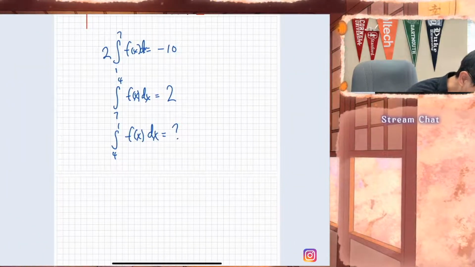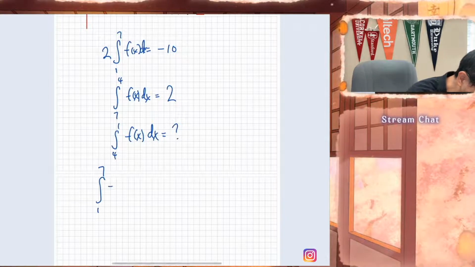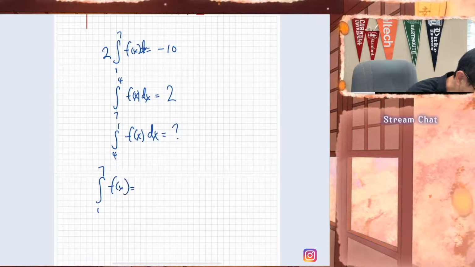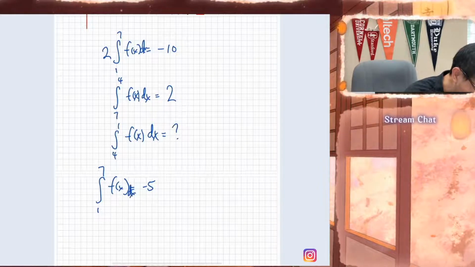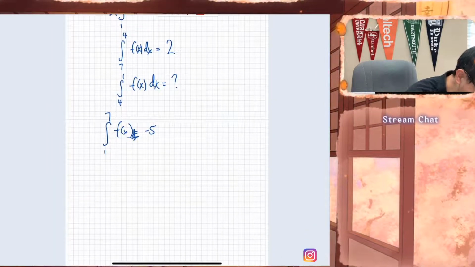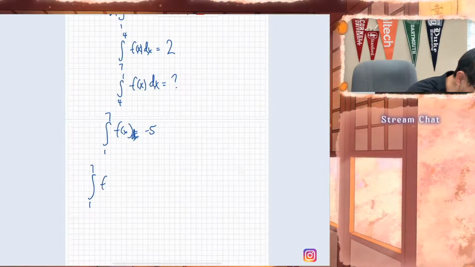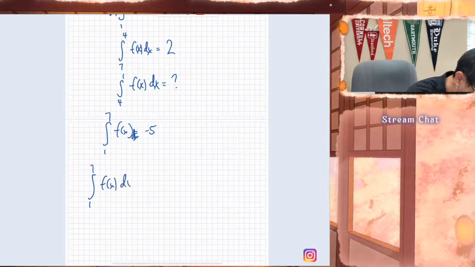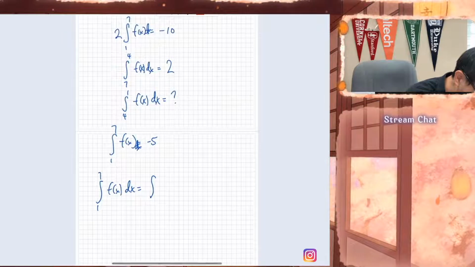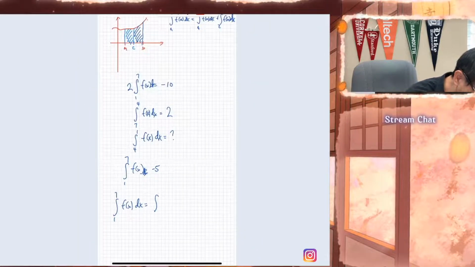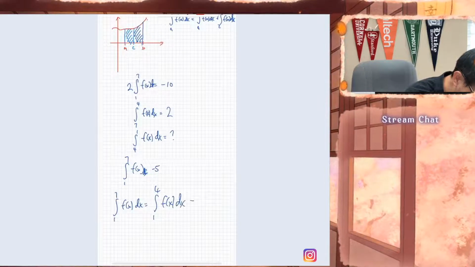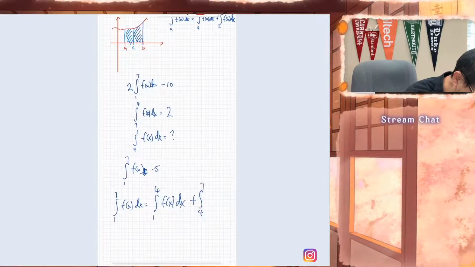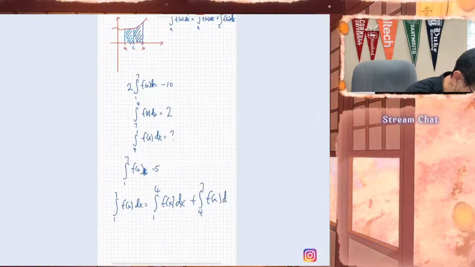Okay, so I'm gonna go through it really quickly. So integration between 1 to 7 of f of x is equal to what? -5. Does that make sense? So that's the first thing. So second thing is between 1 to 7 of f of x dx is equal to from 1 to 4 of f of x dx plus from 4 to 7 of f of x dx.